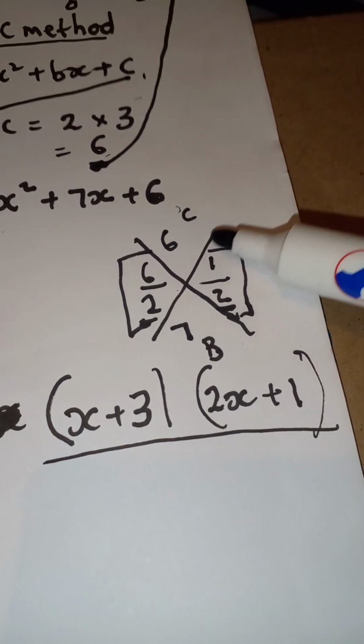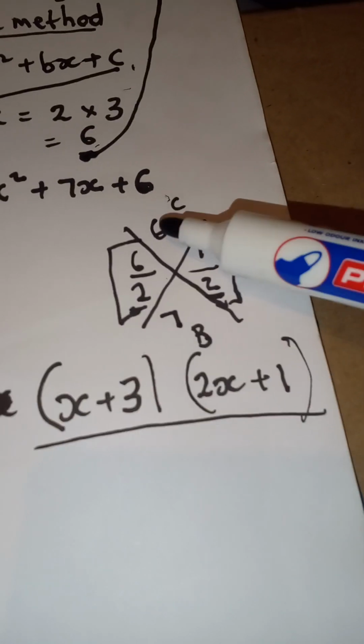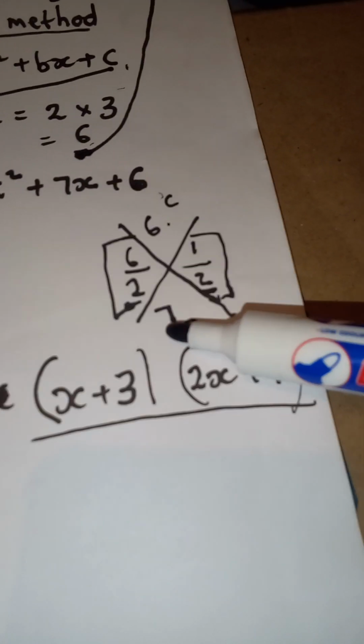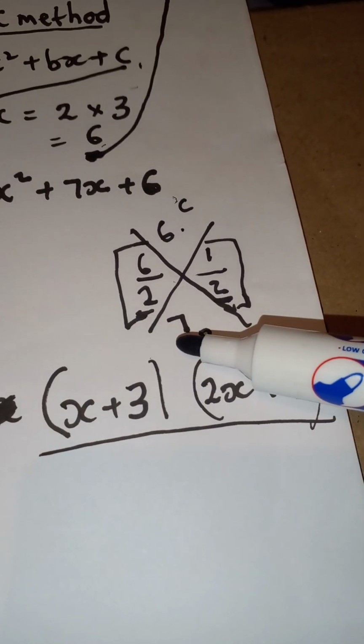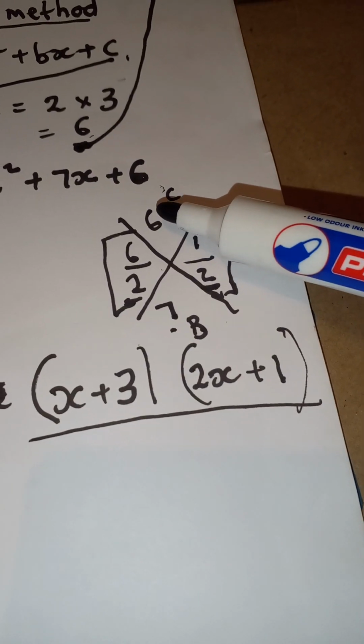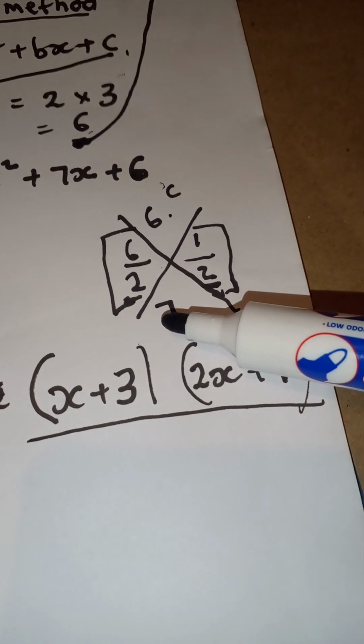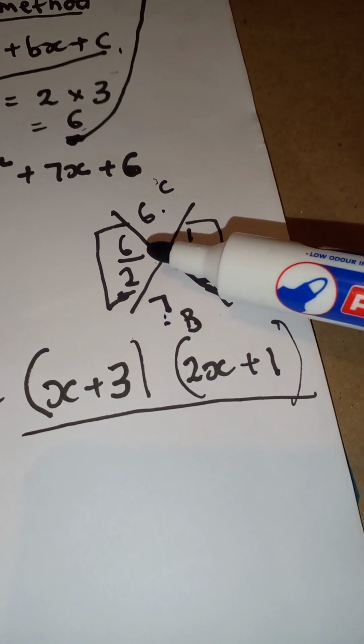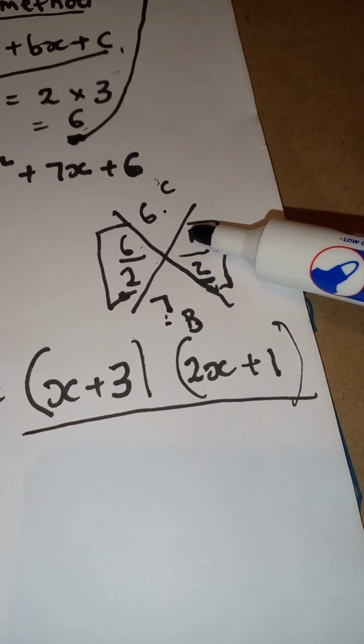Then we're using the cross method, whereby here you're putting in the value of C, and here you're putting in the value of B. Then you find those 2 factors that multiply to 6 and add up to 7. The factors are 6 and 1. Okay.